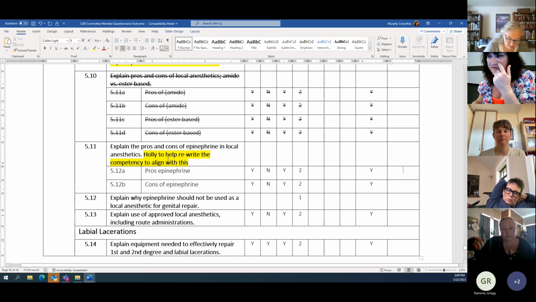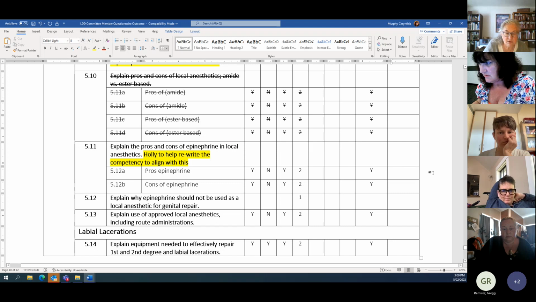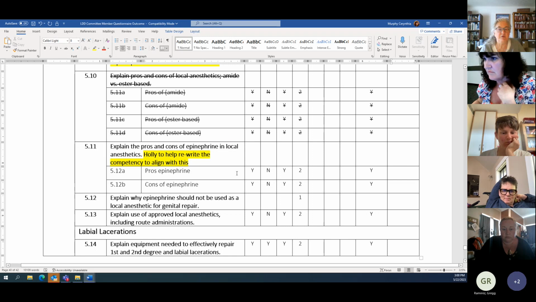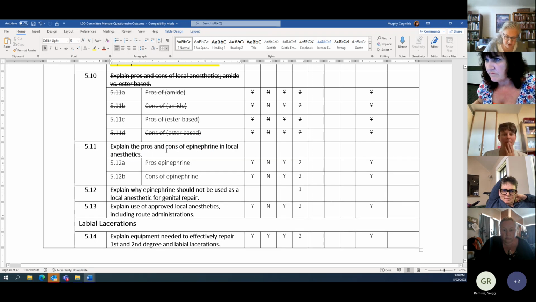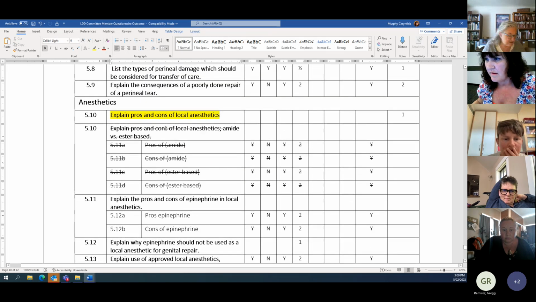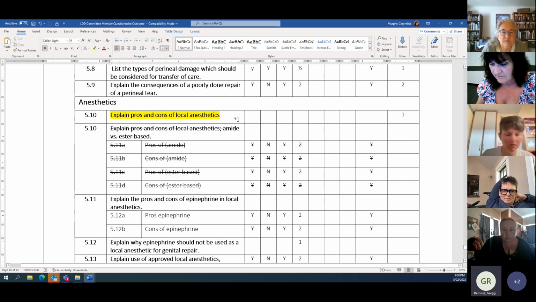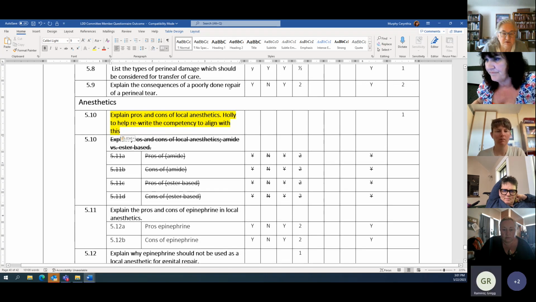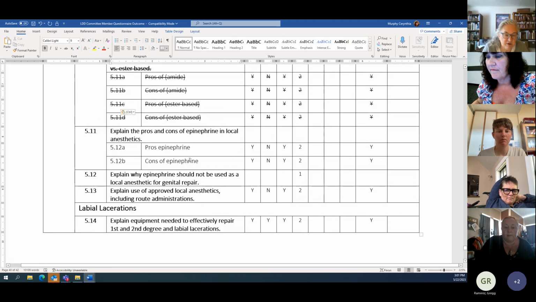Okay, so in regards to the question though, 2s on each of these or 3s, where are we now? We are on 511, explain the pros and cons of epinephrine and local anesthetics. Well, that's not the one we're rewriting. I'm sorry, I messed up. My numbering is different than yours. It's the 5.10, I guess. I have the old competencies, and so the numbering is a little different. Okay, so on the explain the pros and cons of the local anesthetics, that one, Holly? Yeah. That's the one we're going to have to redo.